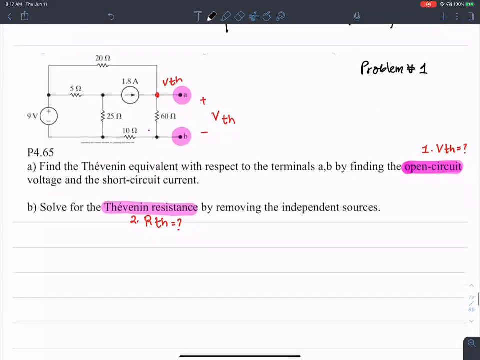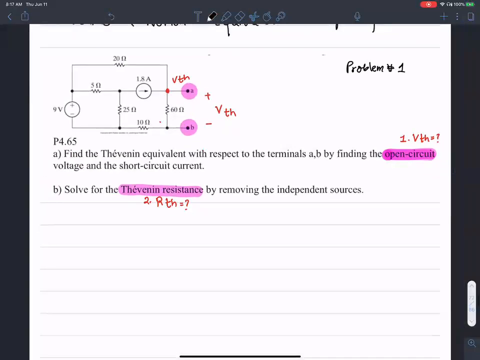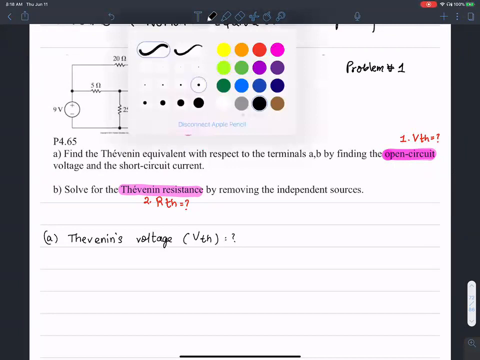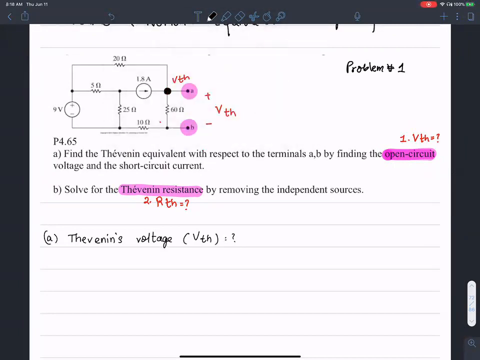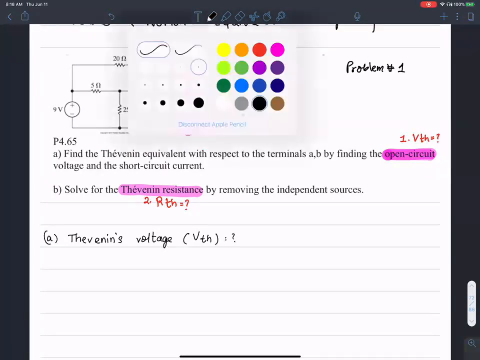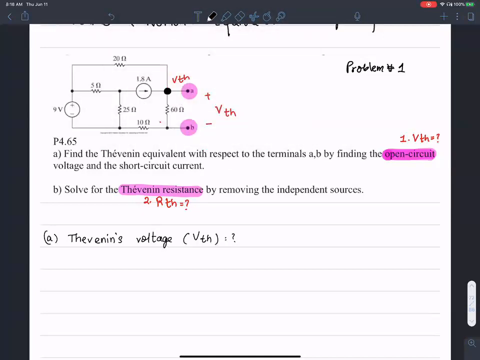The first step here is to find the Thevenin voltage, that is VTH. In order to calculate that, I call this node, the open circuit voltage, VTH, and that makes the node over there equal to VTH.